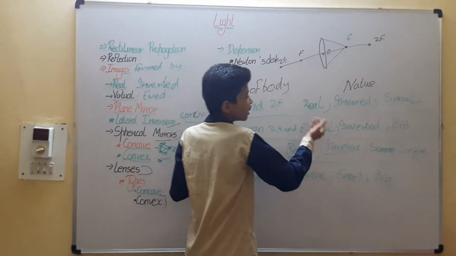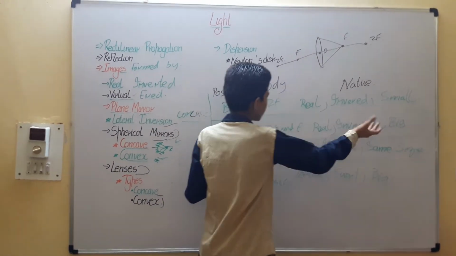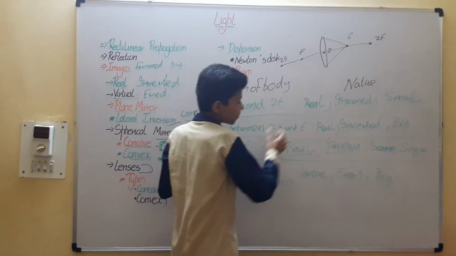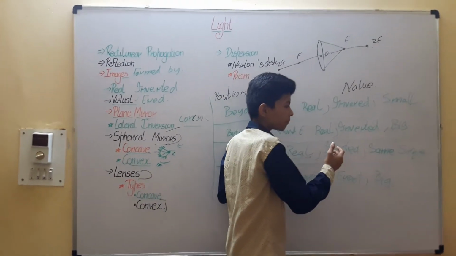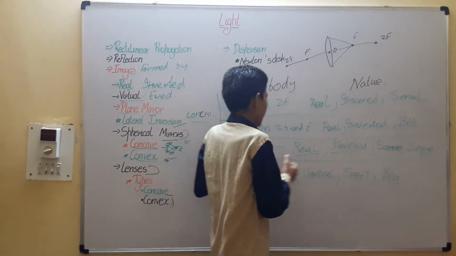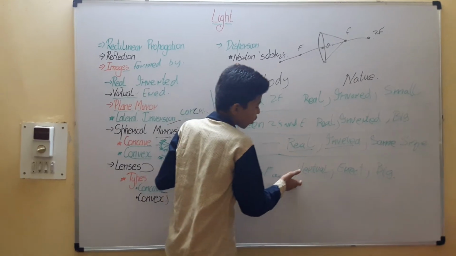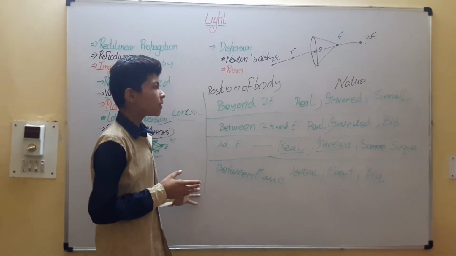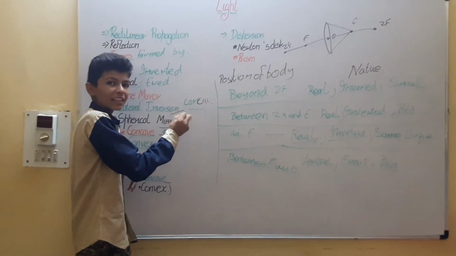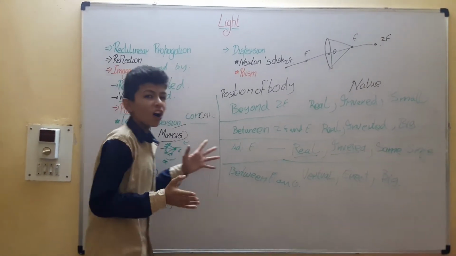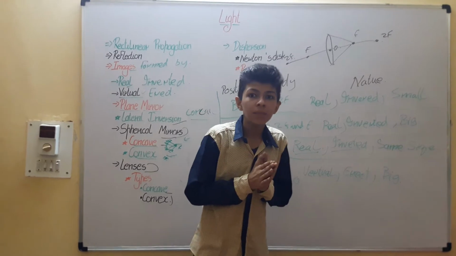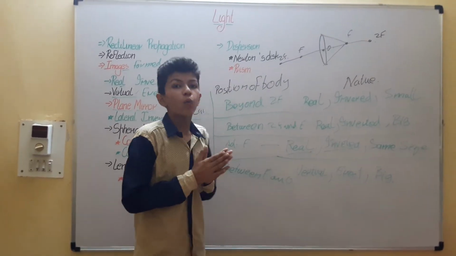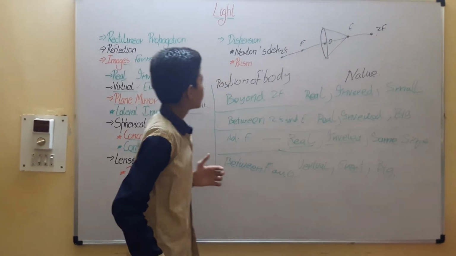Between 2F and F, virtual, erect, and small. At F, virtual, small, erect, and when it is between F and O, virtual, erect, and again small. So all the images formed by the concave lens are always small, erect, and virtual.